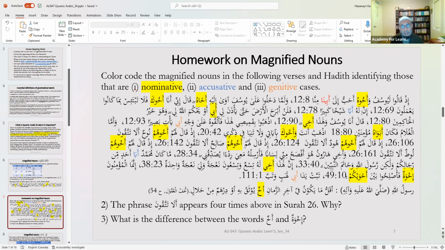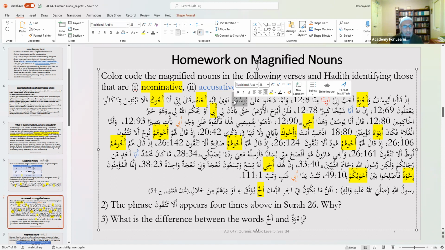But here, who is nominated? وَلَمَّا دَخَلُوا عَلَى يُوسُفَ. You can see ala is a preposition, right? So I told you that Yusuf is partially changeable. Yusufu is nominative. Yusufa is genitive. Why? Because of ala.